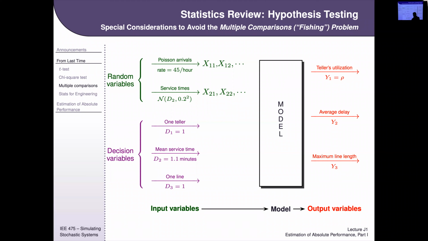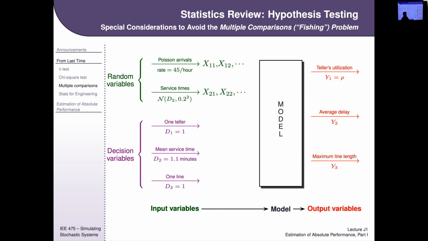So I've got my baseline case, and in the baseline case, I get this utilization, and in my new case, my altered case, my hypothetical case, I get a different utilization. Well, do I only look at utilization, or do I look at these other things too?